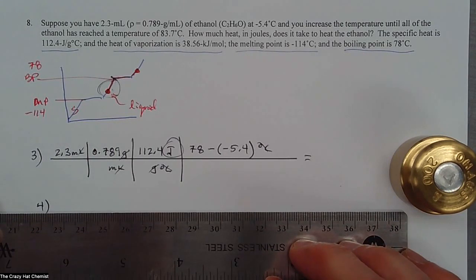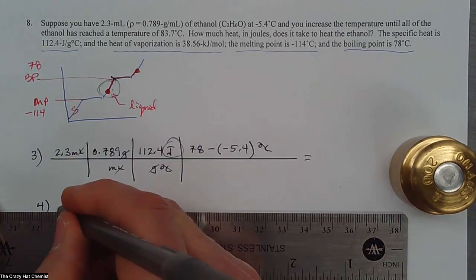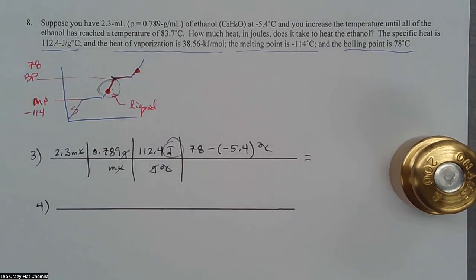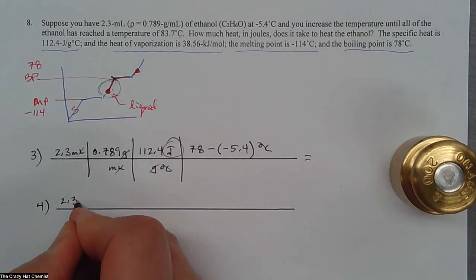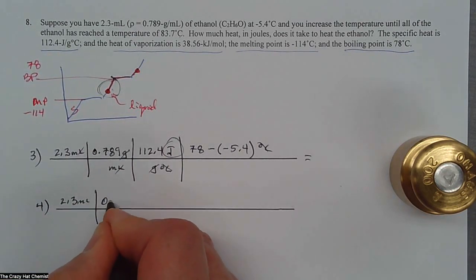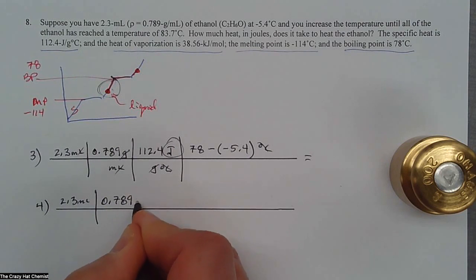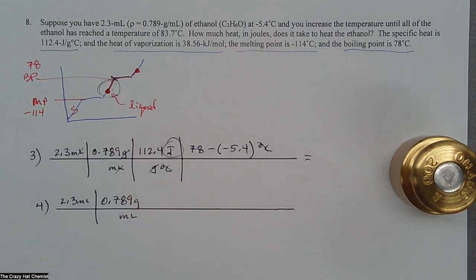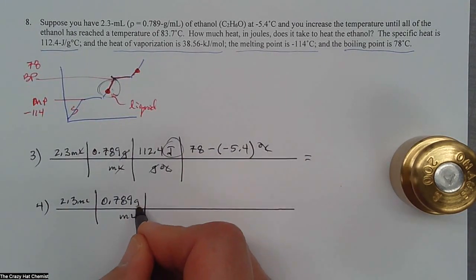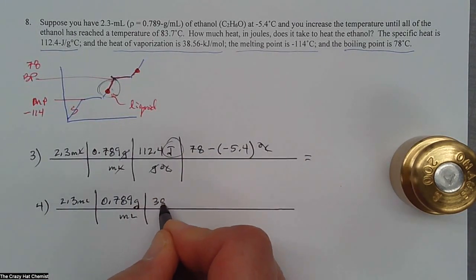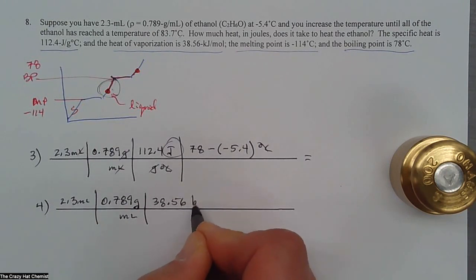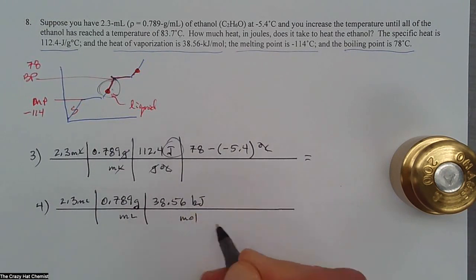Now we're going to do step number 4. Slide this over. We've got our 2.3 milliliters, our 0.789 grams per mL. And then we're going to use the heat of vaporization, and that is 38.56 kilojoules per mole.